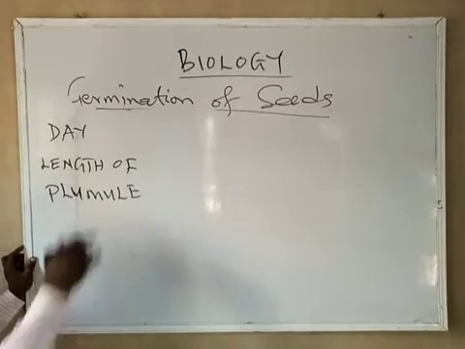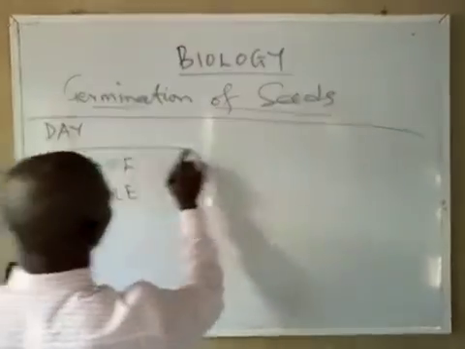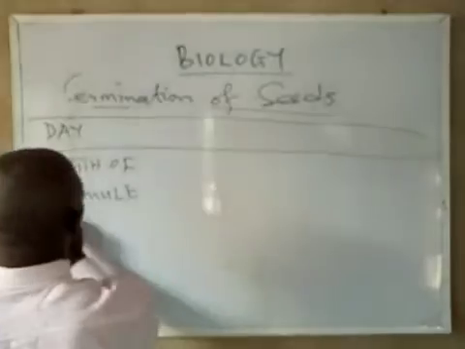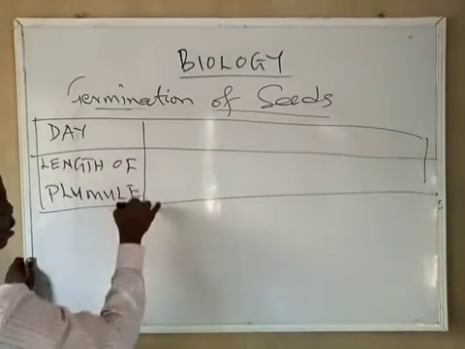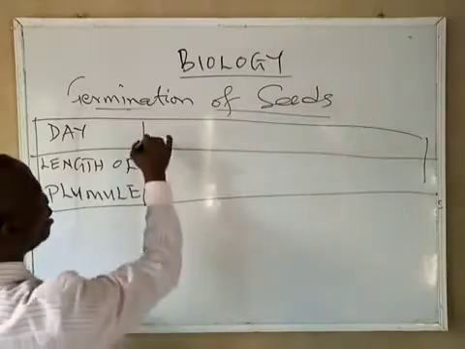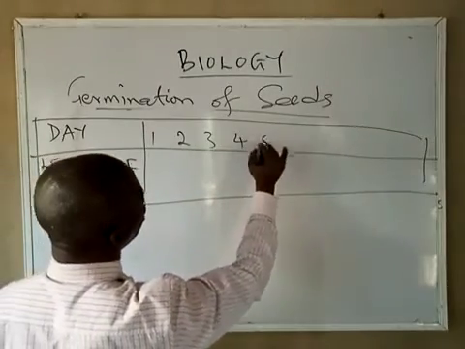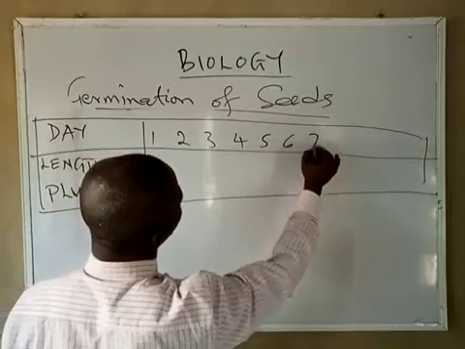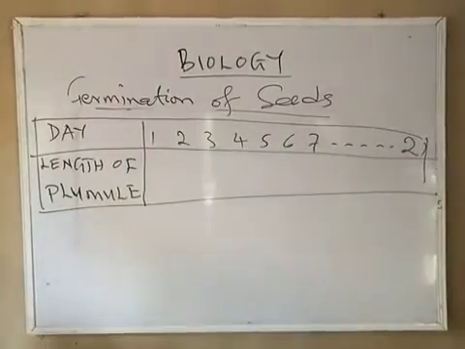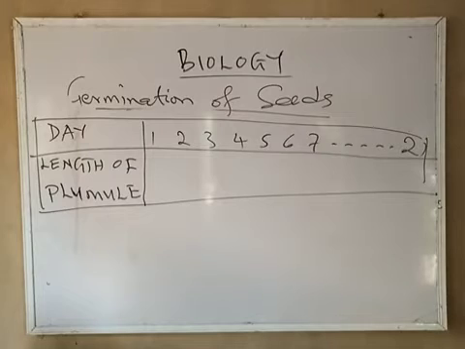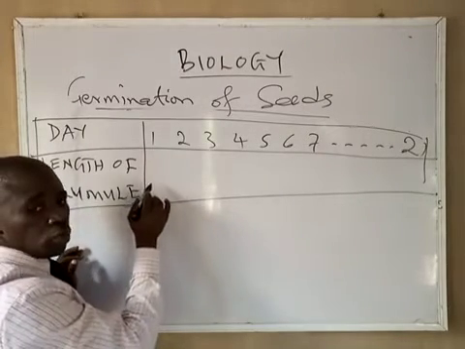So you can have data that talks about days and length of what? Plumule. We can have something like this. So we can begin to calculate day 1, 2, 3, 4, 5, 6, 7 till day maybe 21. You understand what I'm saying now? Good. And the length of plumule.